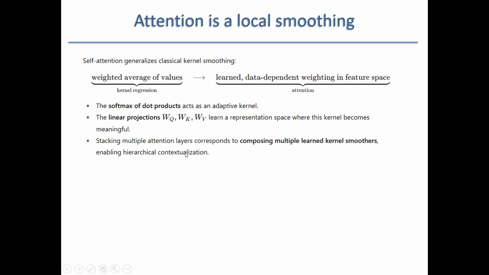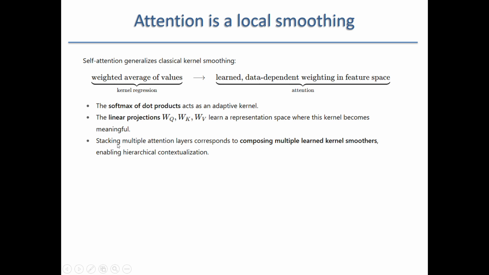Okay, so more about this comparison. The kernel regression was a weighted average of values. So the attention is a learned, data dependent weighting, but now in the feature space. The values are also learned. And the softmax of the dot products acts as an adaptive kernel, and these matrices help us to learn a representation space where this kernel, that is somehow fixed in the sense that there are no parameters, becomes meaningful.